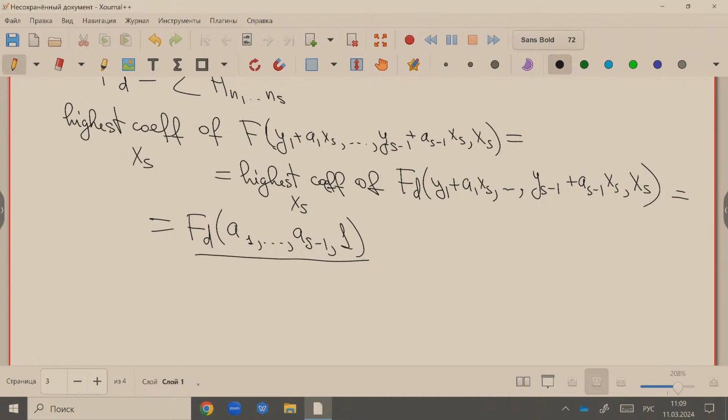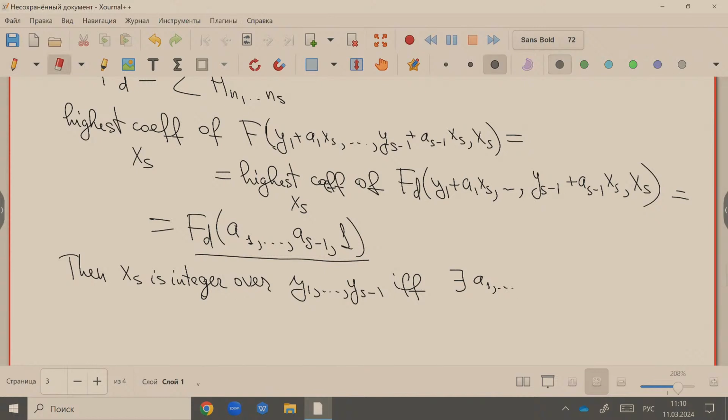So in order to see that xs is integral over the remaining elements y1, etc., ys minus 1, it suffices that there exists a set of values such that fd of a1, etc., as minus 1, 1 is not equal to 0.